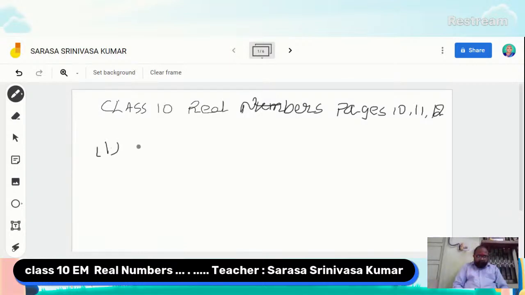Number one, 15.625. It is given. We have to convert this number in the form of p by q.